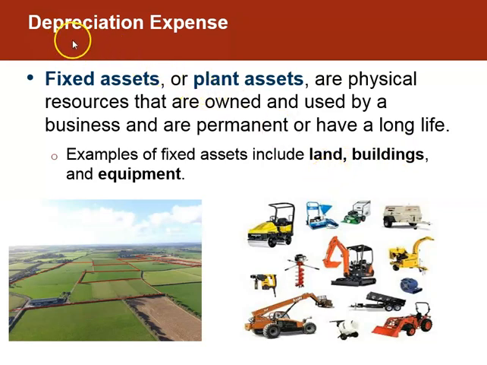Make no mistake, the passage of time on these assets will create an expense that will reduce our net income. So if we think about it like that, we absolutely must record depreciation expense as an adjusting entry, and we're going to look at some examples on why that is so important.